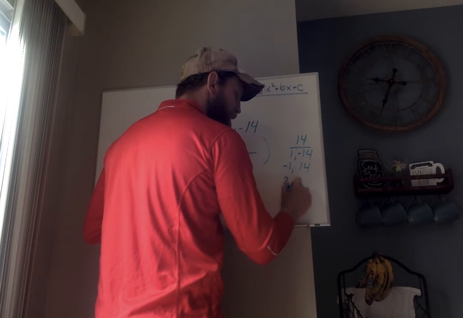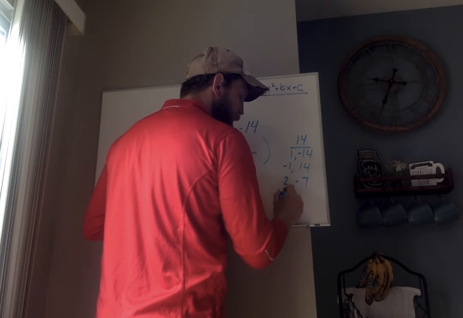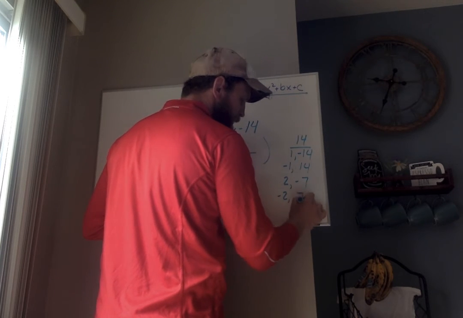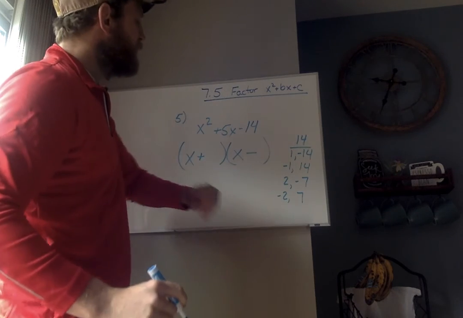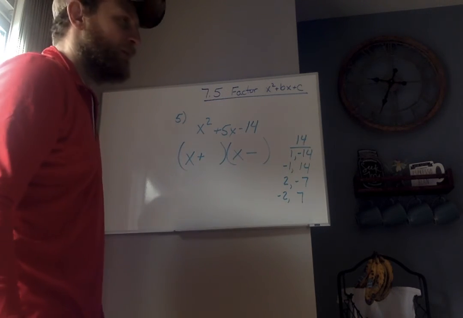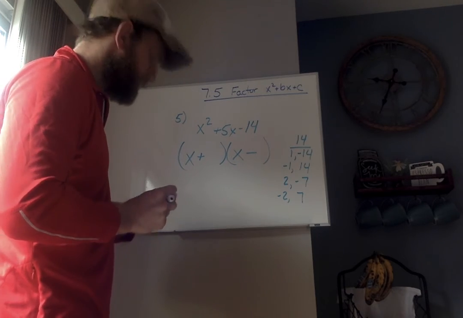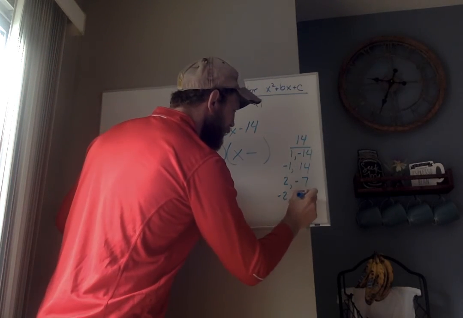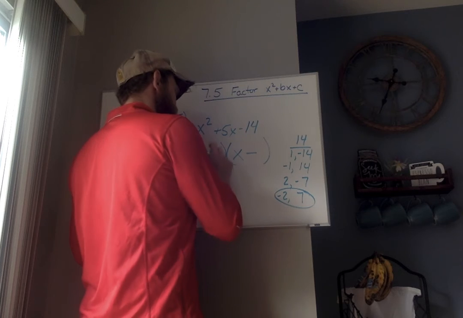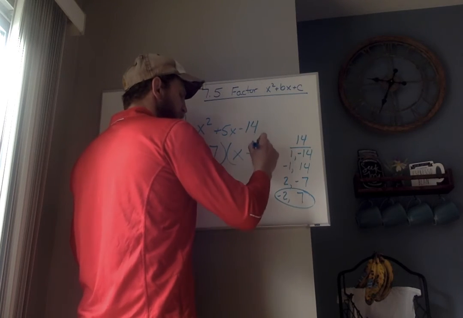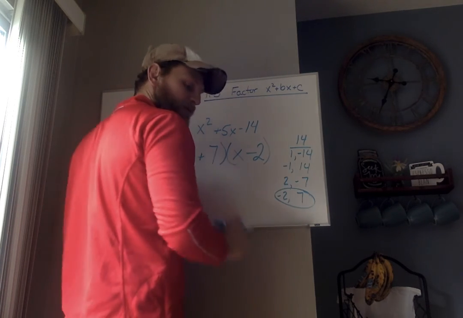You could have a positive 2 and a negative 7. We could have a negative 2 and a positive 7. So which one of these could give me a 5? Michaela? Yes, this one at the bottom. Thank you. So 7 goes here, and the 2 goes there.